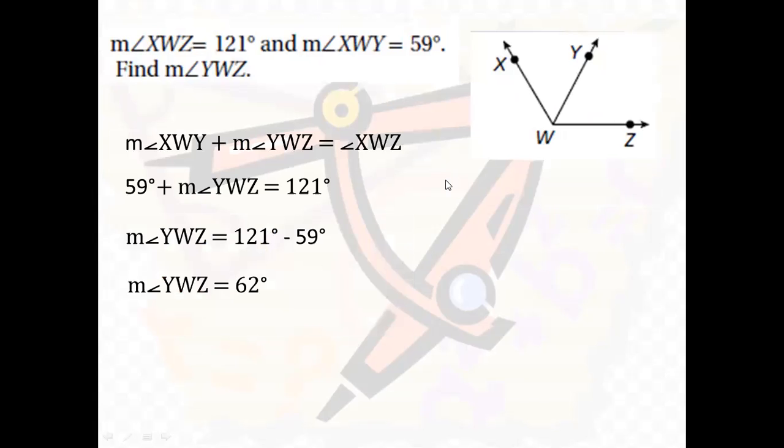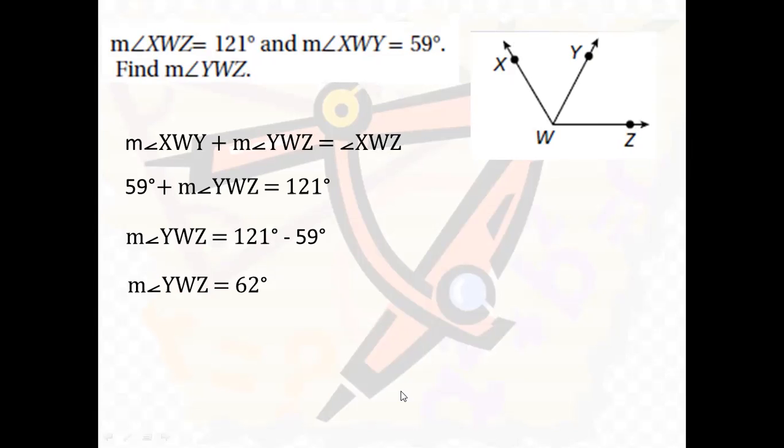Let's make it more clear by using another example. Again, here they said angle XWZ. Again, they're talking about the bigger angle. So angle XWZ is equal to 121 degrees. So the whole full big angle is 121.